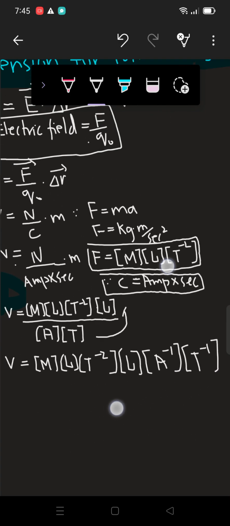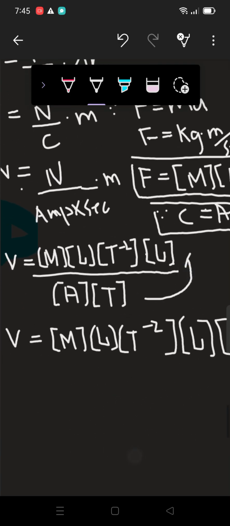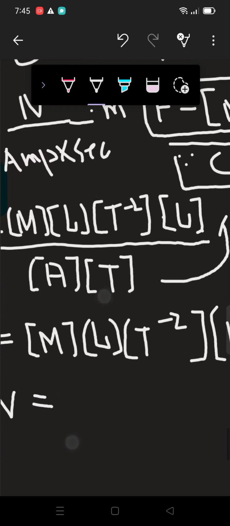Now simplify it. What we'll get: M we have of course 1, so it has 1 power, whether we write 1 or not would not matter a lot, because M is already there.